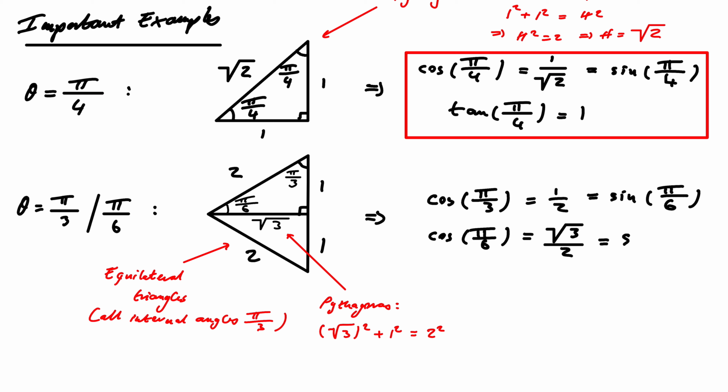So this is sine of pi over 3. And then what about tangent of each of them? Well, tangent of pi over 3 would be the opposite divided by the adjacent, root 3 over 1. So this is equal to root 3.